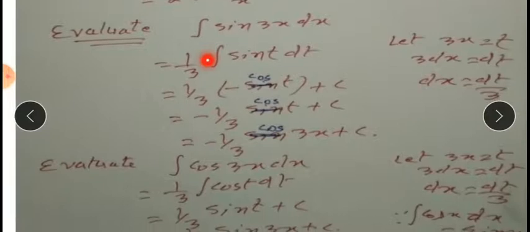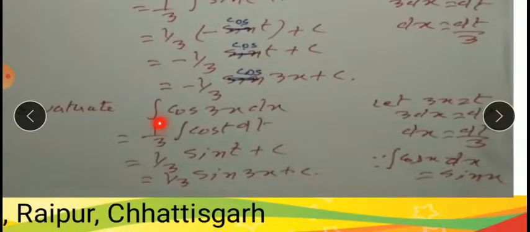Similarly, in the case of integration cos 3x, the process is the same, you know. This is 1 upon 3 integration cos t dt, which is equal to 1 upon 3 times sin t, its integration. Now substitute the value: 1 upon 3 sin 3x.